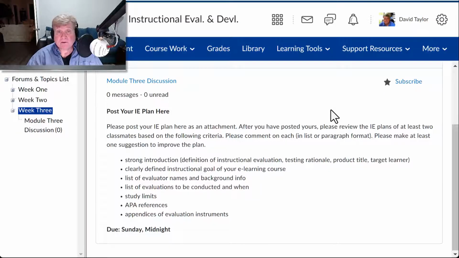So everyone needs to have their work in by this Thursday or Friday so that you have the weekend to do your reactions and your evaluation of those plans. If you need some extra time, let me know, and I will hold off grading on Monday until everybody gets everything in. So please let me know if you need any time past Sunday, and if so, I will hold off grading until you get those in. So that's your discussion board.